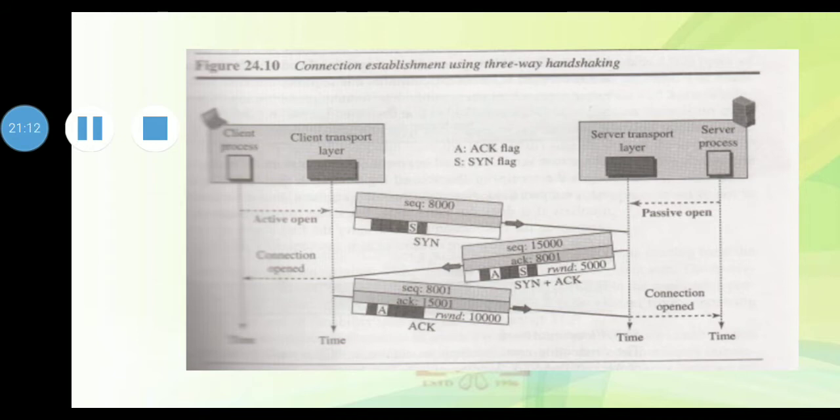So, this SYN flooding attack belongs to a group of security attacks known as denial of service attacks, in which an attacker monopolizes a system with so many service requests that the system overloads and denies service to valid requests.